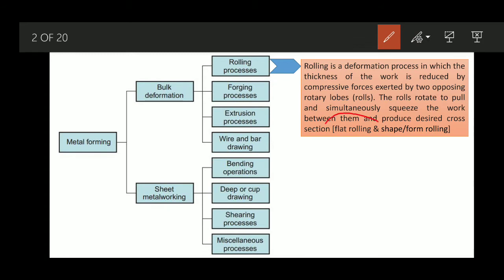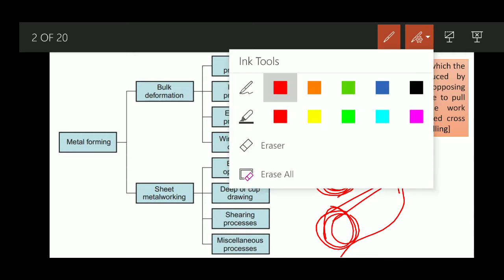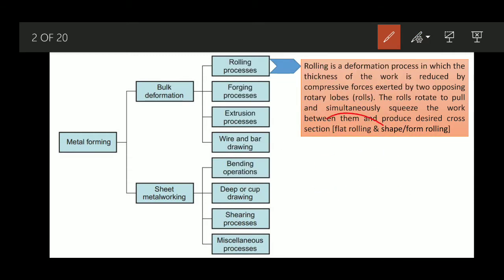One is the flat rolling process, just like the drawing I have drawn, showing two cylindrical rollers. These are three-dimensional, but if we look only at the side view, the rollers will look like circles.